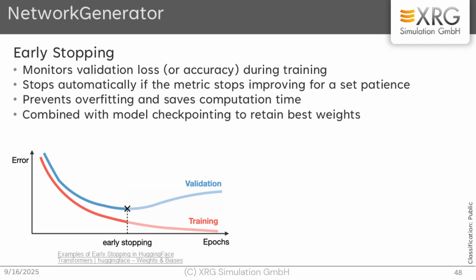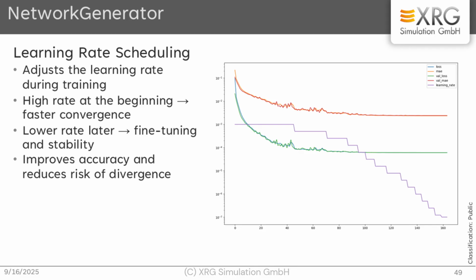And the other thing we have implemented is learning rate scheduling. The learning rate defines how fast your optimizer is adjusting the gradients of the learnable parameters of the network. Normally you start with a higher rate at the beginning to have a faster convergence, and later, if you want it to be stable and you want to do some fine tuning, then it should be lower.